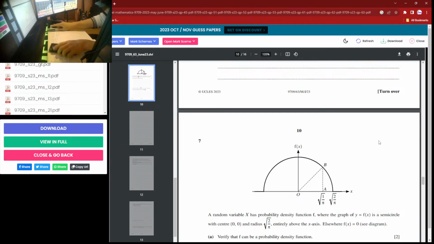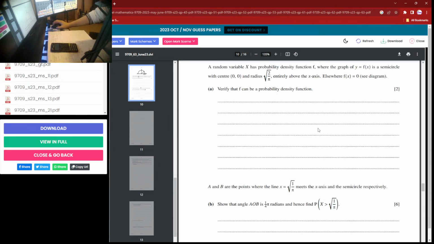And that gives us half times answer times root 1 over pi, 0.159. So therefore our answer is 1 over 4 minus 0.159, which gives us 0.091. There we go.